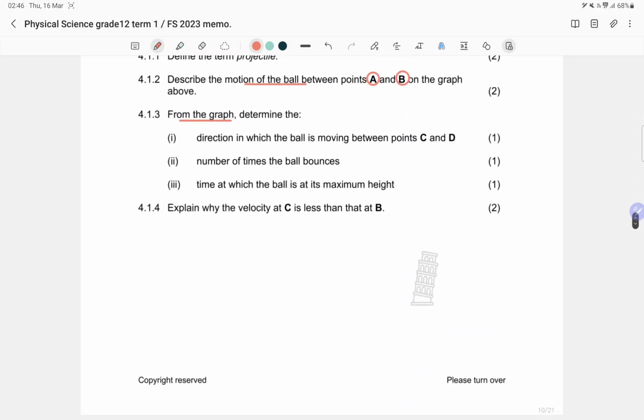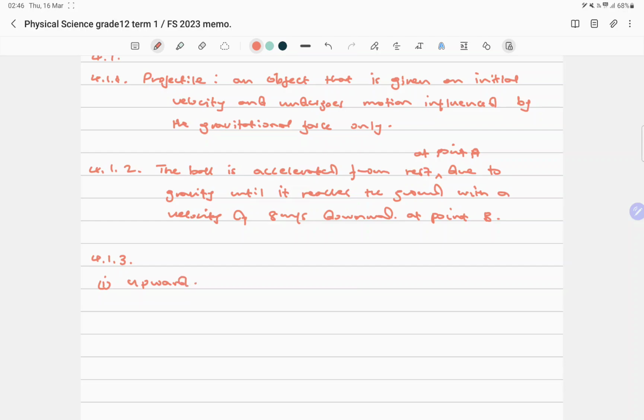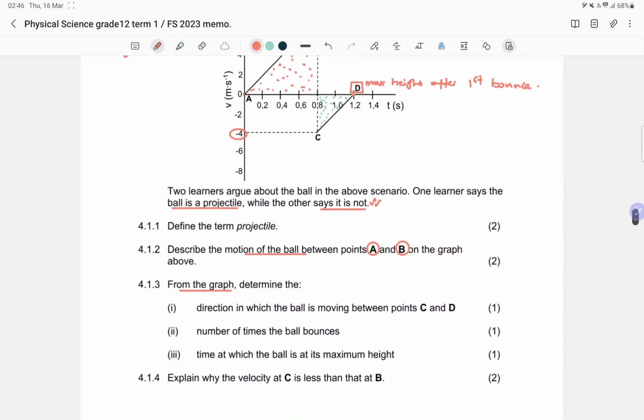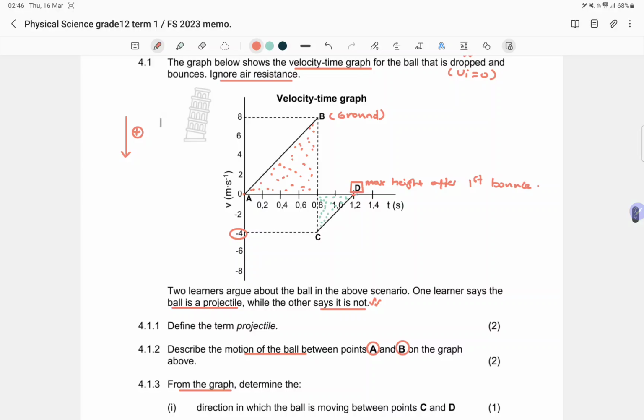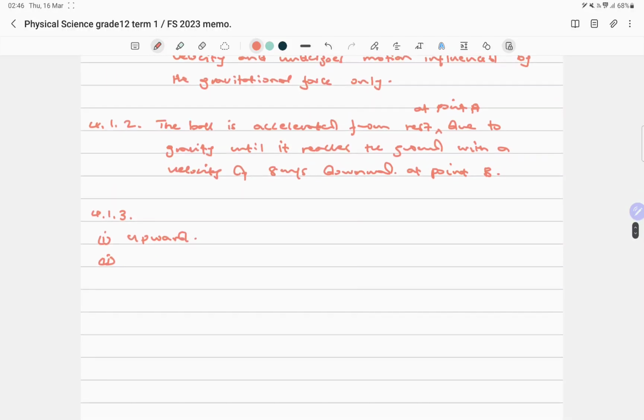So between C and D, it's moving upward, because we saw that upward was negative here. Now, the number of times the ball bounces: it only bounced once because it is just at the maximum height here. So we don't see any more bounces. So we can just say once.